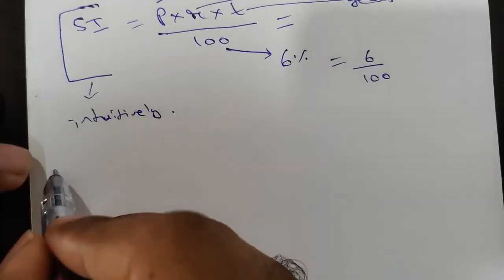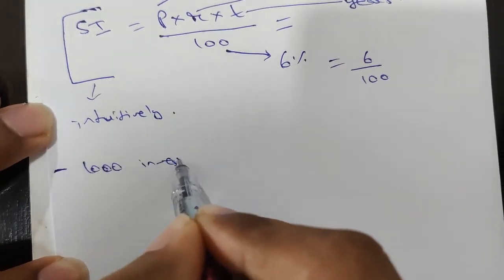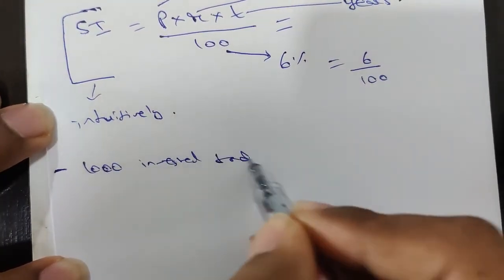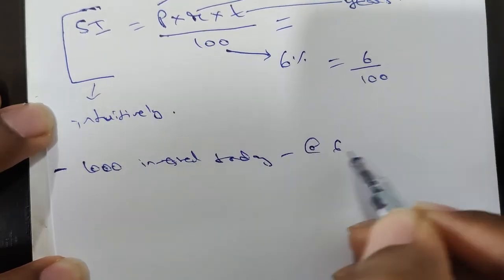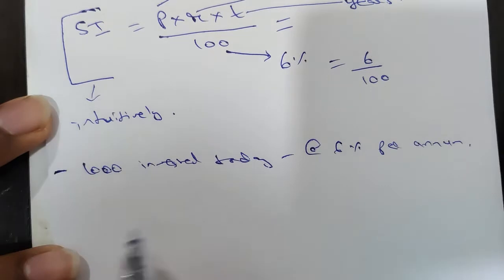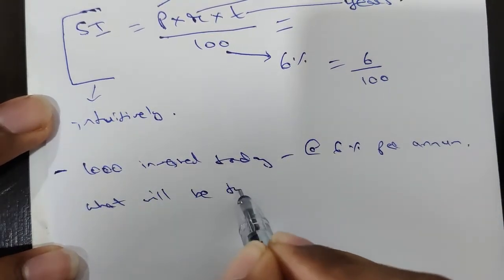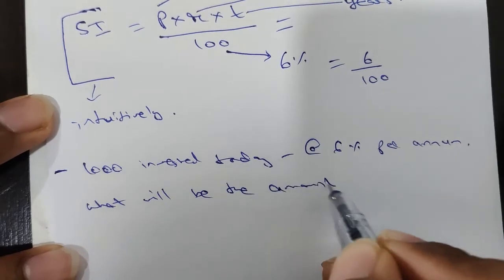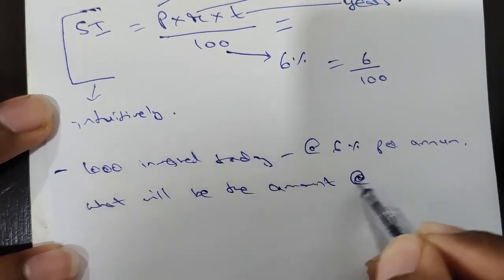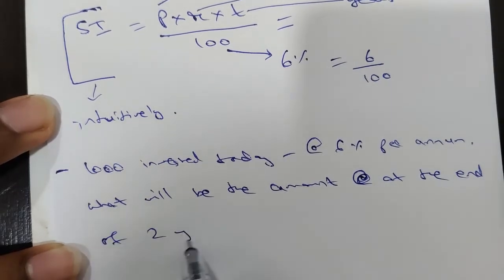So as we were saying, now suppose you have to invest 1000 rupees today and you get 6% per annum. So what will be the amount at the end of 2 years?